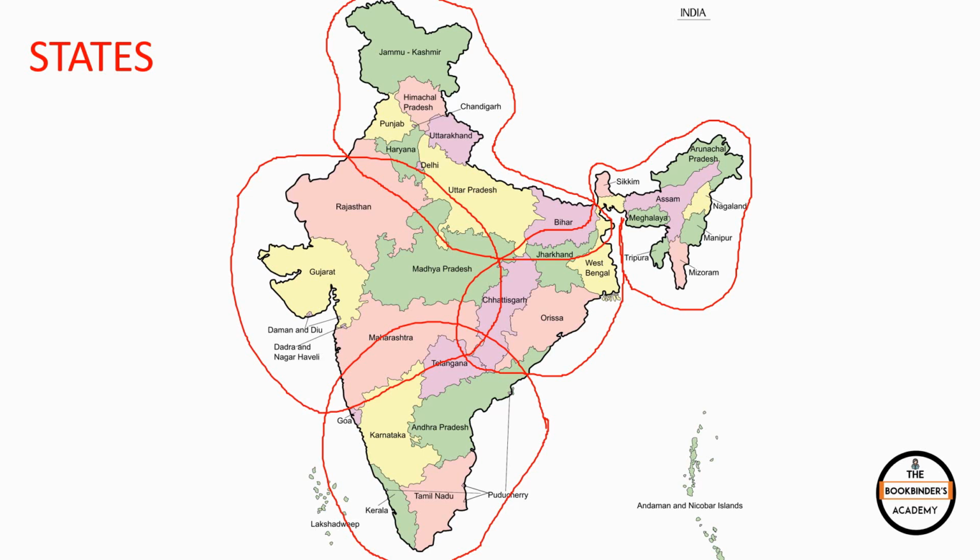Now let's just name them: the northern block, the eastern block, the southern block and the western block. Now we're going to be focusing on each of these blocks individually and then learn them separately. In that way, it is going to be easier for you to store this information in smaller parts. So let's start with the northern block.